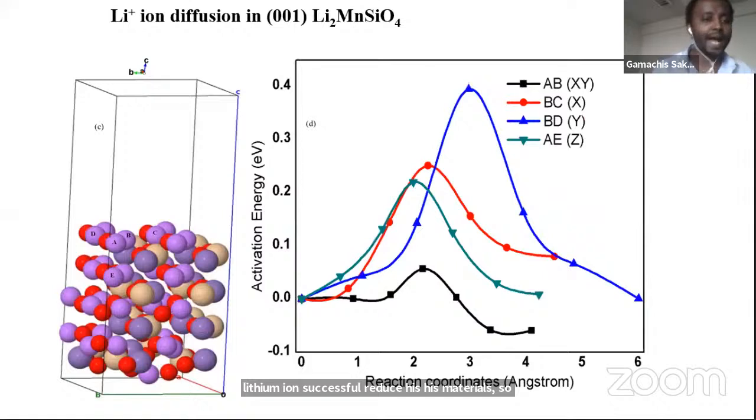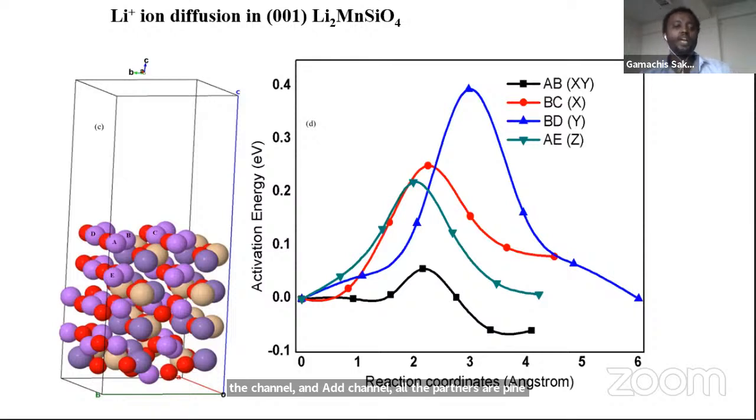So when you come to the bulk, when we come to the surface, the 001 surface, you can see all the paths along the ABC channels, the EAB channel, and the ABD channel. All the paths are fine, as you can see from the figure.